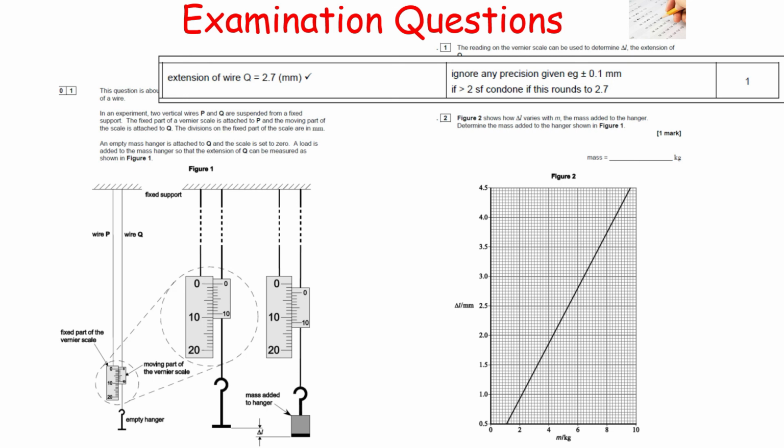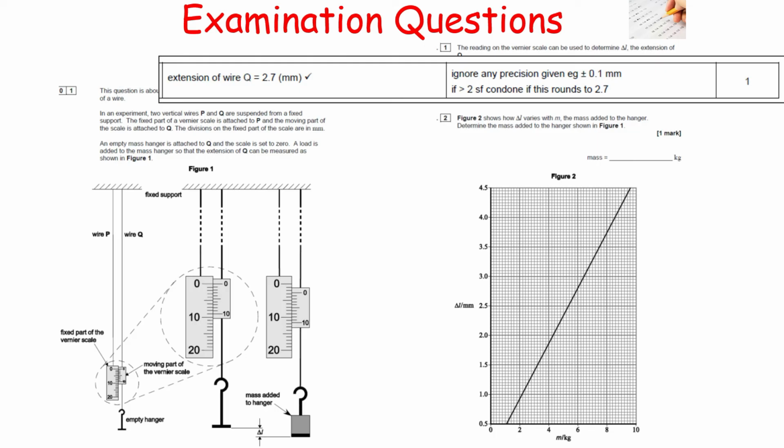If you look at it, you're looking at 0.1 aligned between the two scales there, and then on the extension, the second one, we're looking at the value to be 2.8. So because 2.8 aligns on the right hand side and 0.1 aligns on the left hand side, we will do 2.8 minus 0.1, and so therefore the extension is the difference, so it's 2.7.